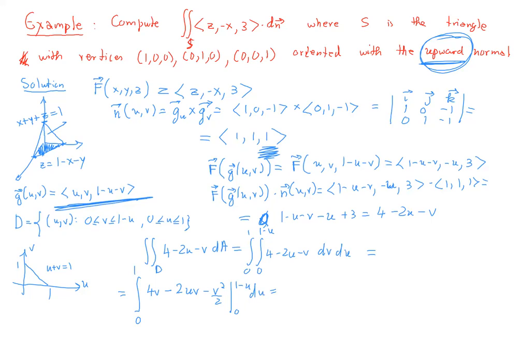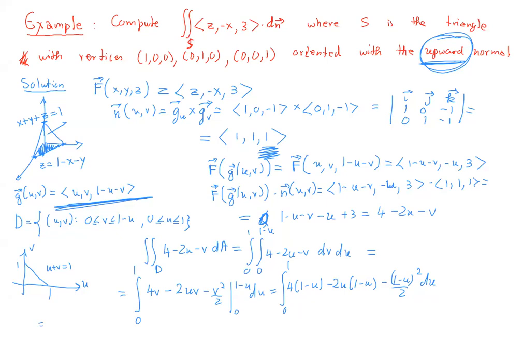And this will be 4 times 1 minus u, minus 2u times 1 minus u, minus 1 minus u squared over 2, from 0 to 1 du. And well, I could leave it as that, and I'm afraid I'm going to make a numerical error if I continue with this, but we need to continue.